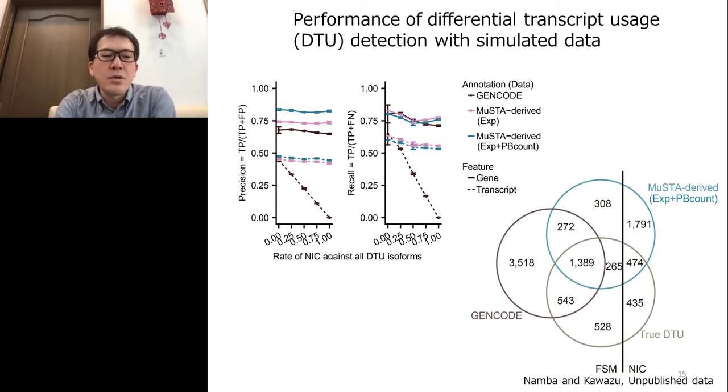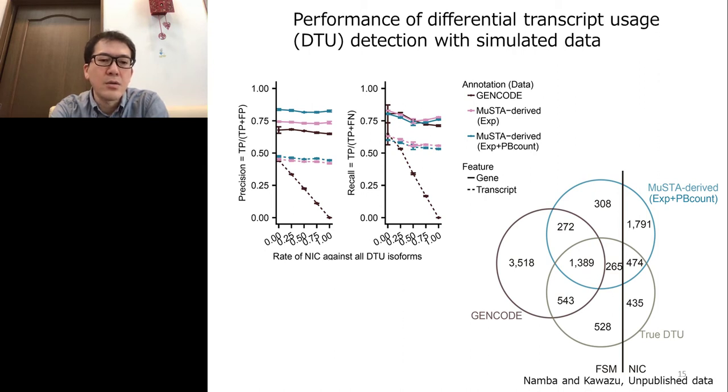Even under the condition of NIC ratio of 0.0, that means all the DTU isoforms are FSM, full splice match isoforms, and none of the DTU isoforms are NIC isoforms.